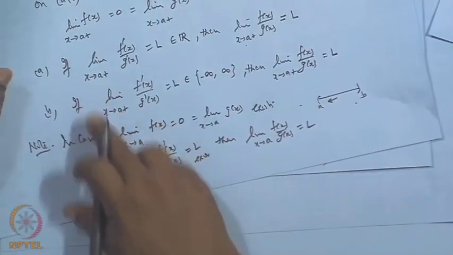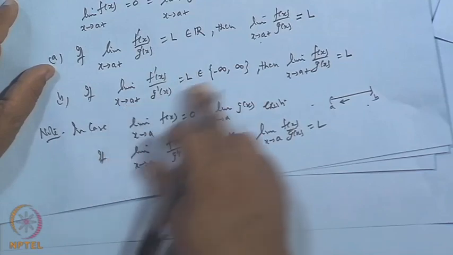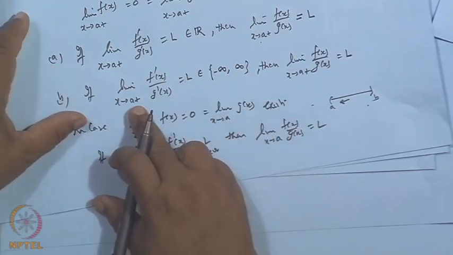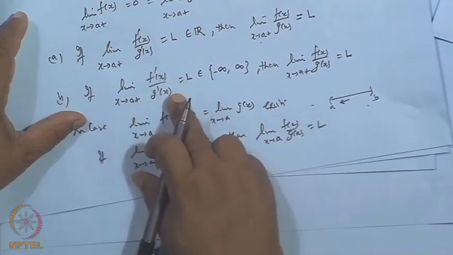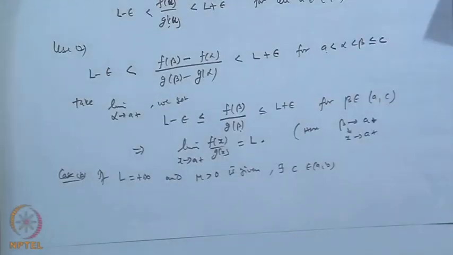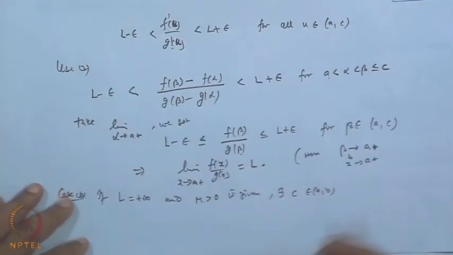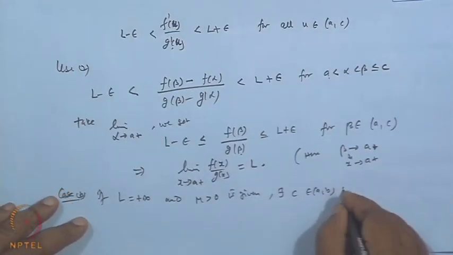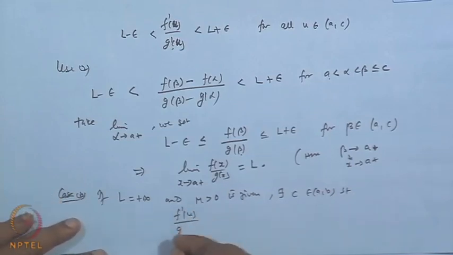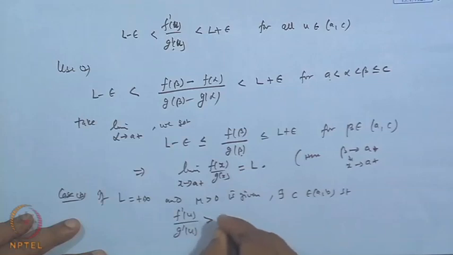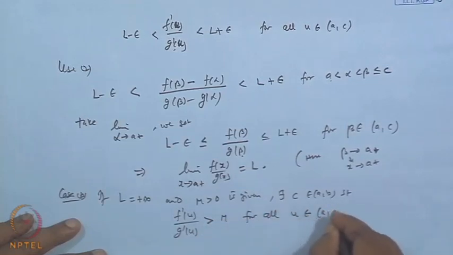It means when the point is closer to a, in the right neighborhood of a, then this value can exceed any positive number. So, I am taking m greater than 0, then a number u can be obtained. There exists C such that for all u this condition is satisfied, is greater than m for all u belonging to (a, C).